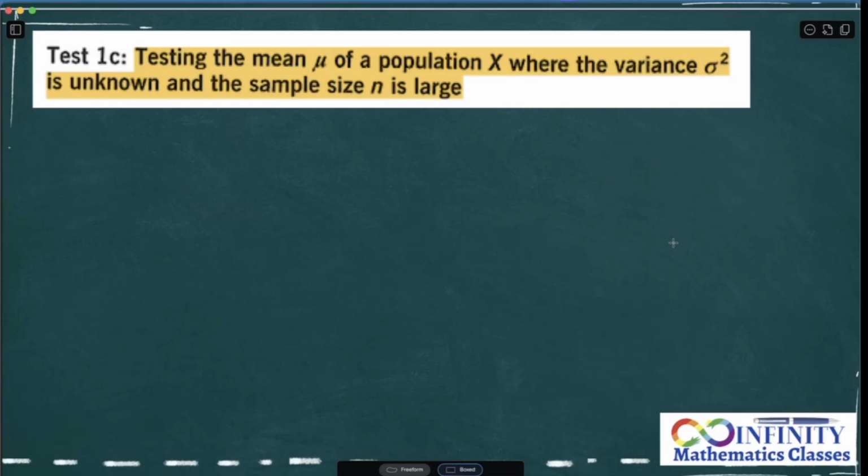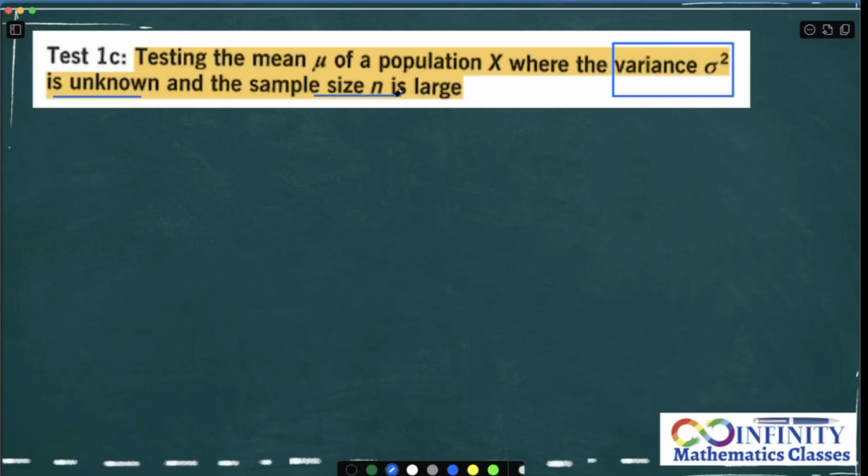So testing of mu, in this case, the population variance is also unknown. Earlier in the previous two cases, variance was known. This time variance is unknown, and the sample size is going to be very large.